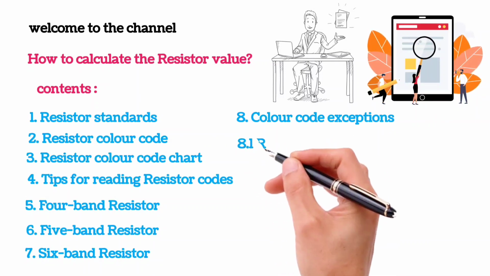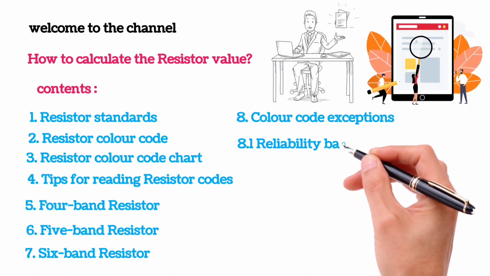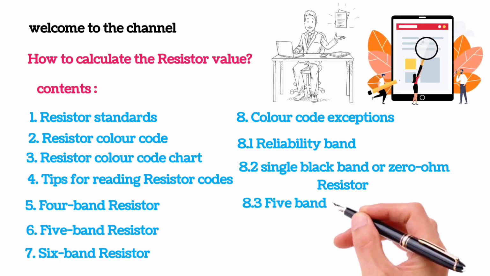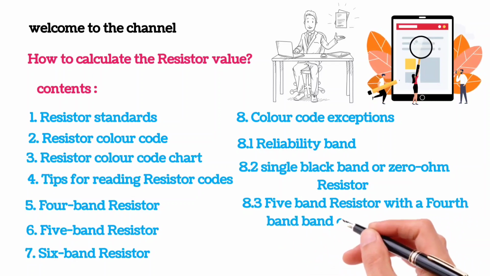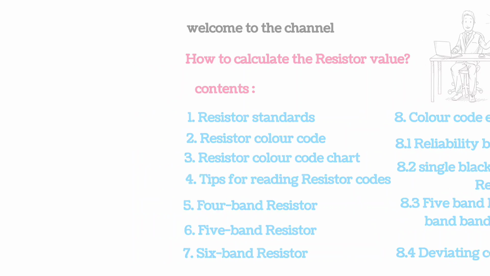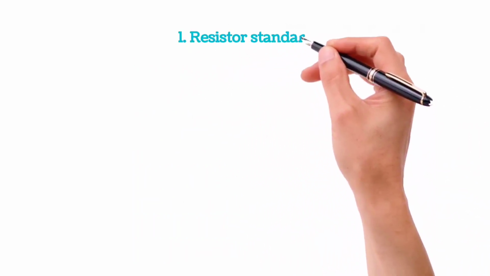In this we will discuss the reliability band, single black band or 0 ohm resistor, 5-band resistor with a 4th band of gold or silver, and deviating colors.